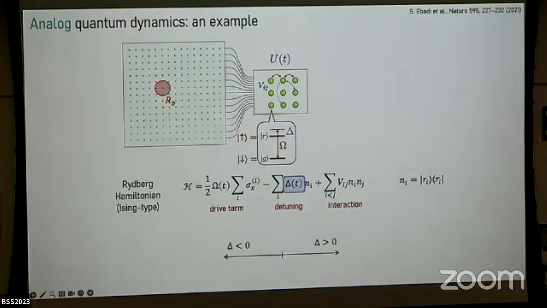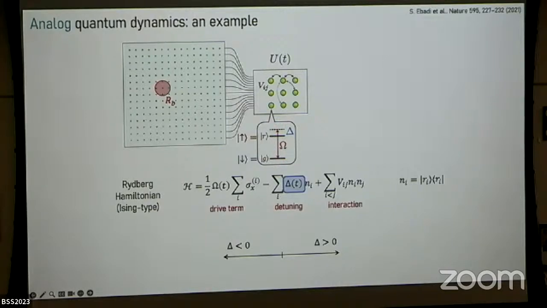And so let's say that in this condition, we look at the ground state of the Hamiltonian as a function of the parameter delta. Delta, just to remind you, is the detuning of your laser from the resonance, so from the transition from ground to Rydberg.